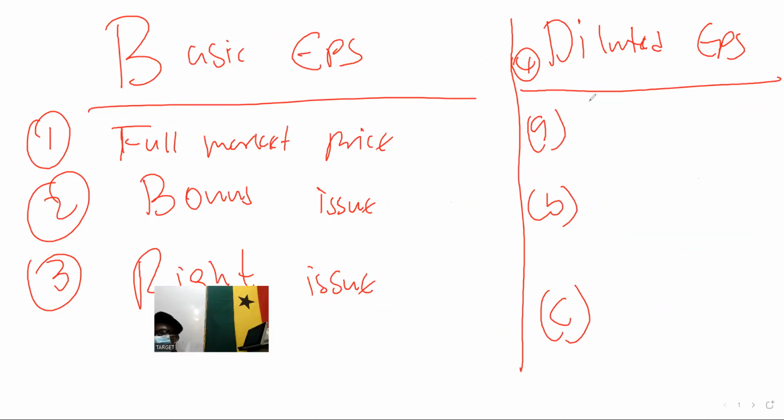What is dilution? Dilution is the situation where the shares have been watering in. Dilution is a reduction in earnings per share or increase in loss per share resulting from convertible instruments that are converted. That's all. So take notice of that.